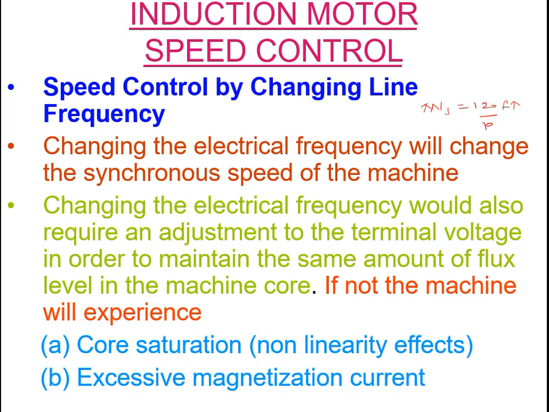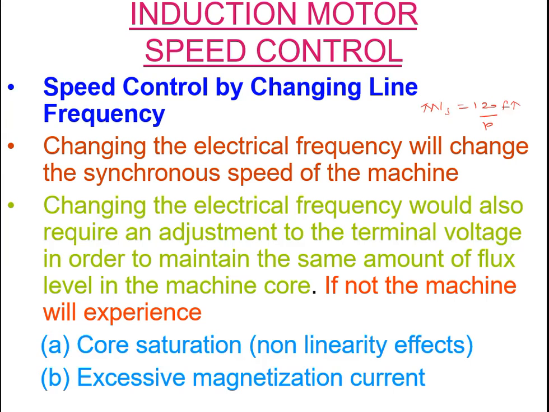Now, changing the electrical frequency would also require an adjustment to the terminal voltage in order to maintain the same flux level in the machine core. We already studied hysteresis losses and eddy current losses. Whenever the frequency is increased, core saturation can occur.